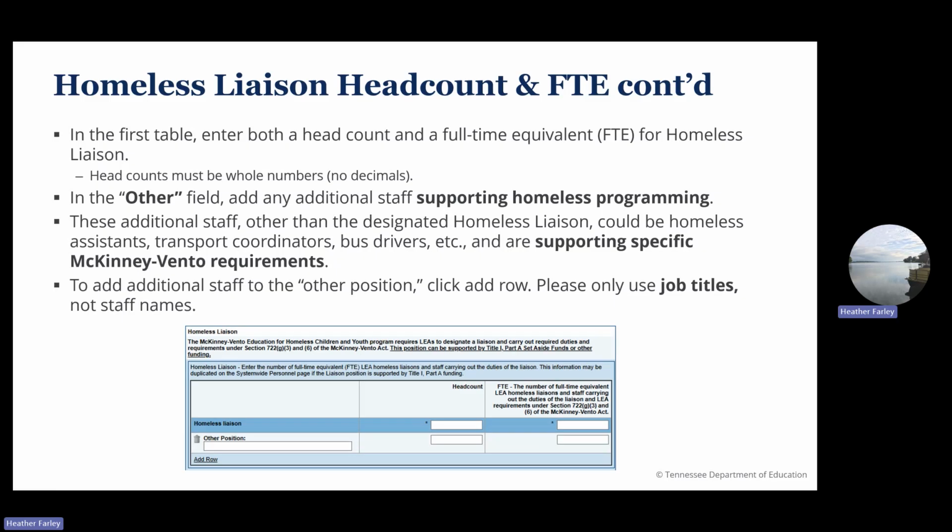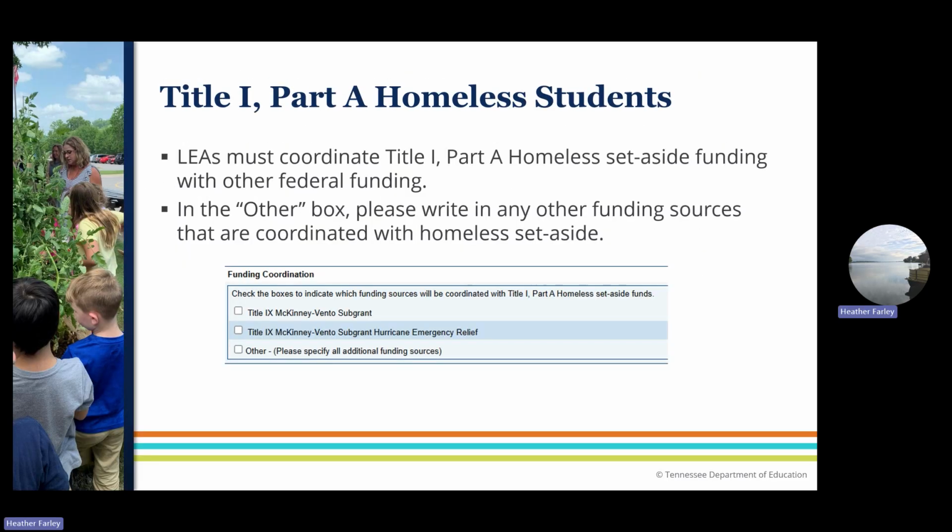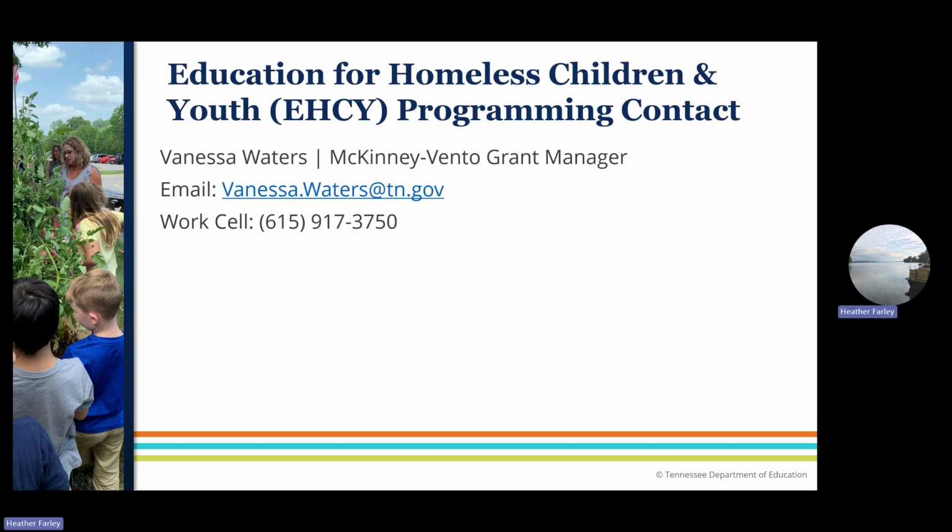You would put a head count of 3, position name, guidance counselor, and then if you have determined that about 1/10 of the year is their duties, you would put 0.3, because it would be 3 times 0.1. And then if you have any other McKinney-Vento grants or anything else, please check that as applicable. And here's the contact information.